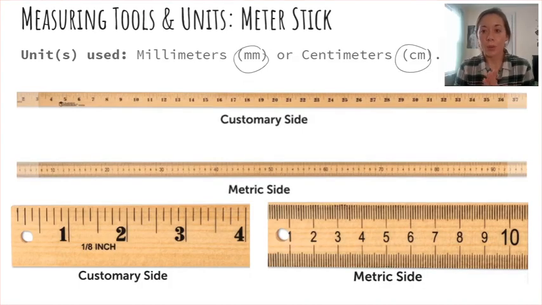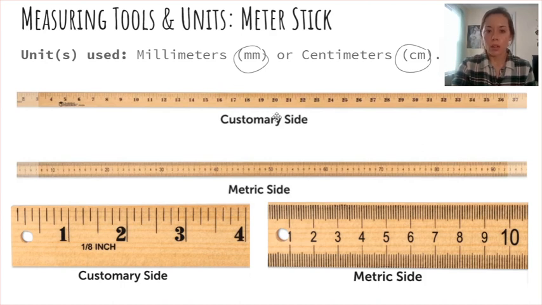Alrighty, so the next tool that we're going to be looking at is the meter stick. And the units of measurement often used on a meter stick are millimeters, also represented as two small m's, or centimeters, again, which we know is cm. Even though these are the two most common units used on a meter stick, you can also use inches as well. So I provided 2 examples.